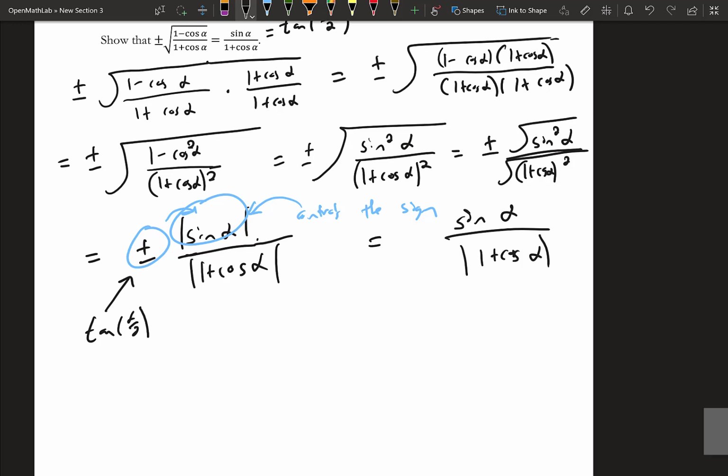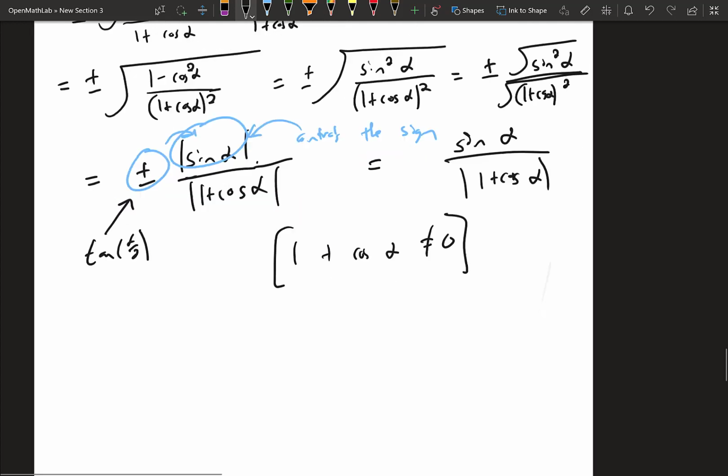So another note here that we need to say is that 1 plus cosine of alpha cannot be equal to 0, because if it is, it makes the bottom equal to 0, which makes it undefined. So we can't let that be 0.